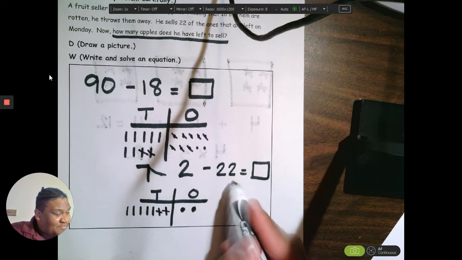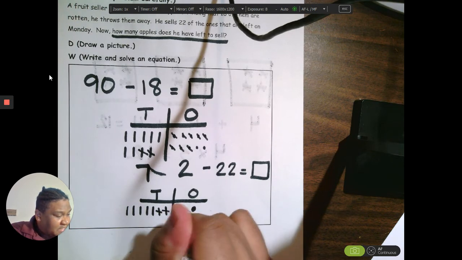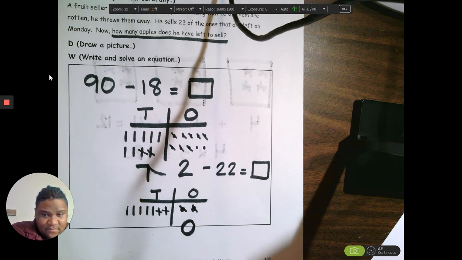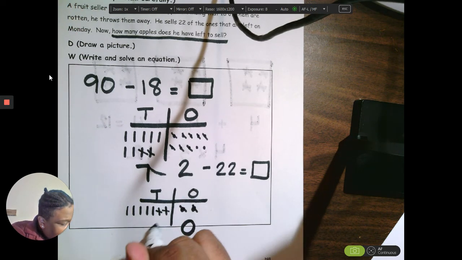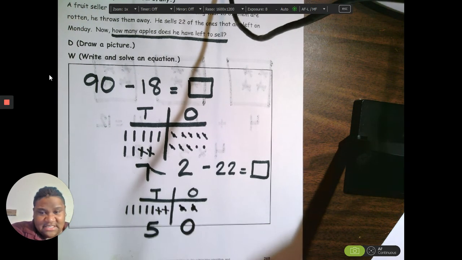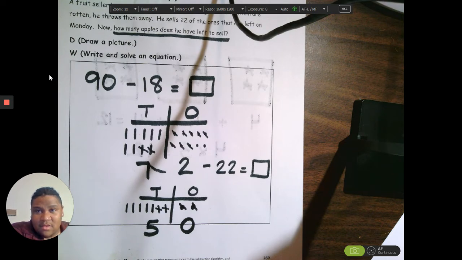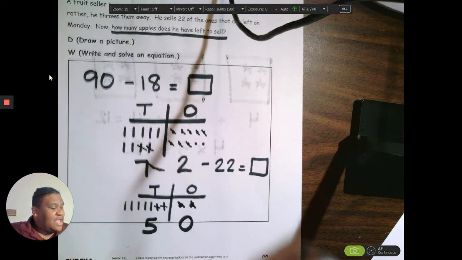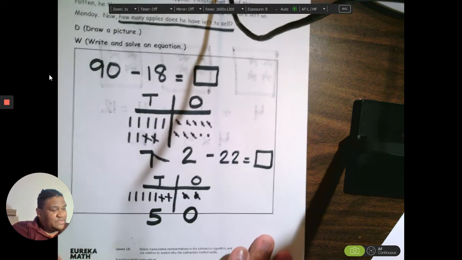And I can get rid of my 2 ones. So I have 0 ones left and 5 tens. So now, how many apples does he have left to sell? He has 50 apples left to sell.